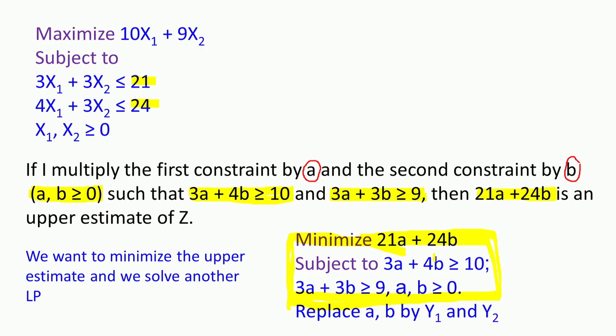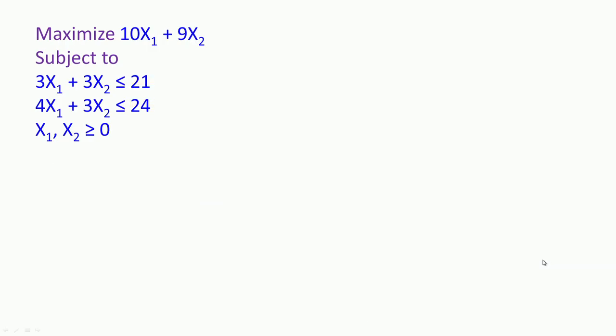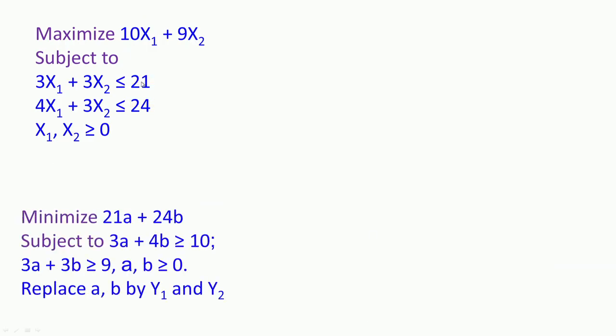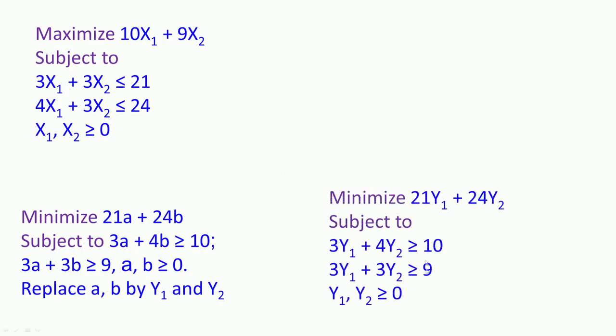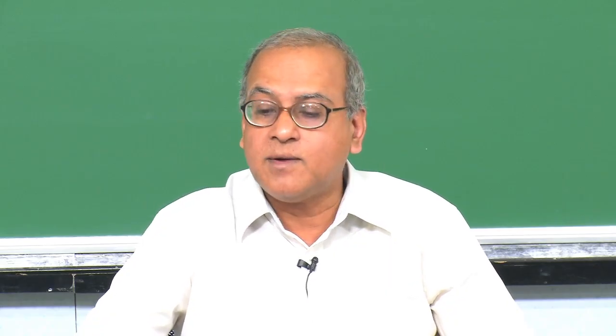Now to give a formal structure to such a linear programming problem, we replace A and B by new variables called y1 and y2, and if we do so, the new problem becomes minimize 21y1 plus 24y2 subject to 3y1 plus 4y2 greater than or equal to 10, 3y1 plus 3y2 greater than or equal to 9, y1, y2 greater than or equal to 0.